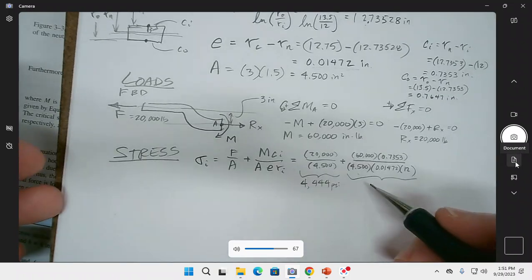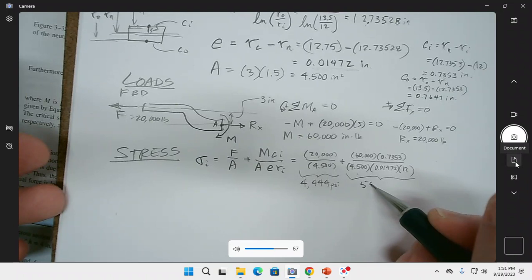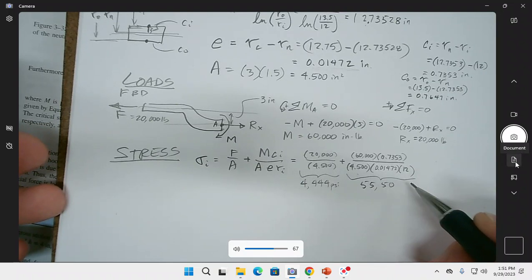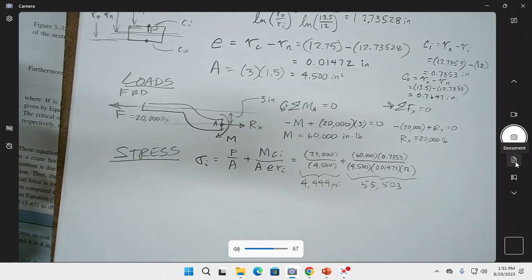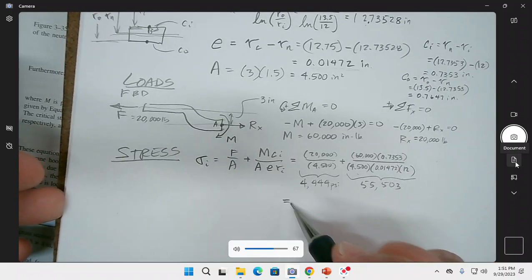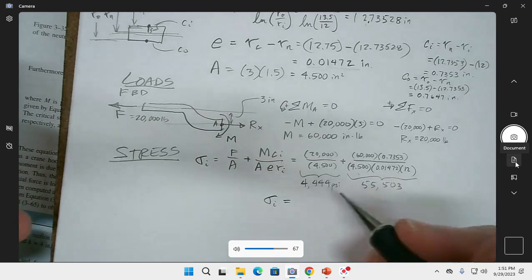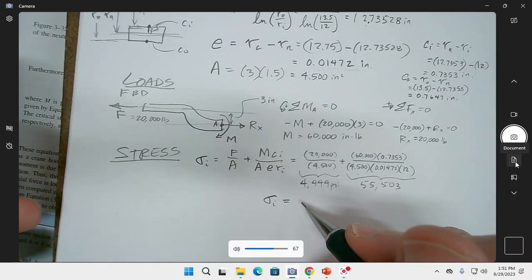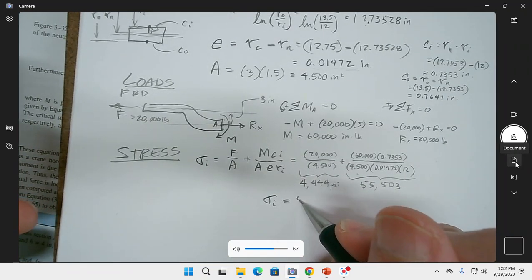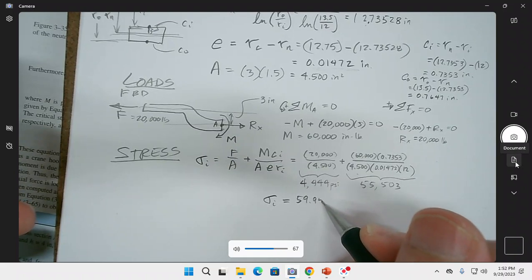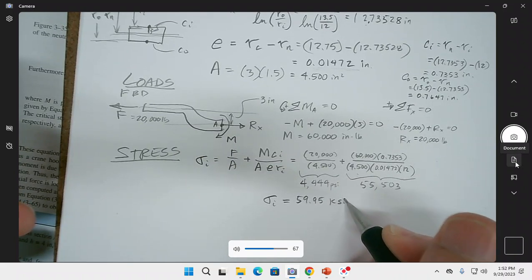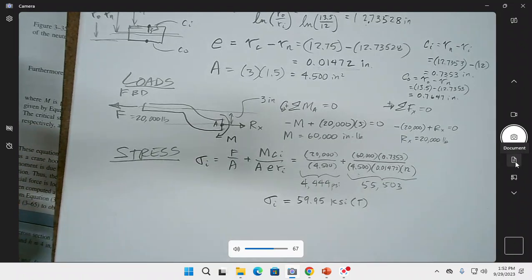Boom. And we get 55,503. So sigma I is going to be those two things together, which is 59.95. And now I'll turn it to KSI. And we put a tension.